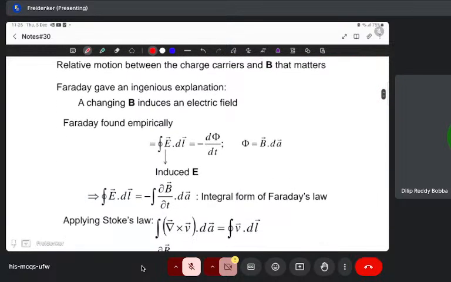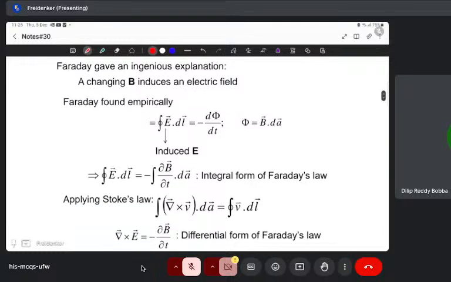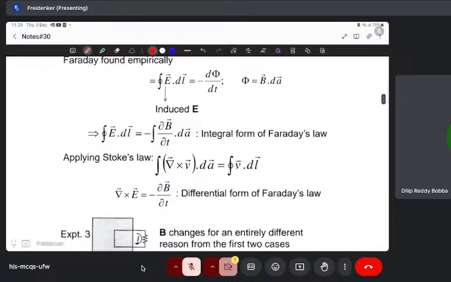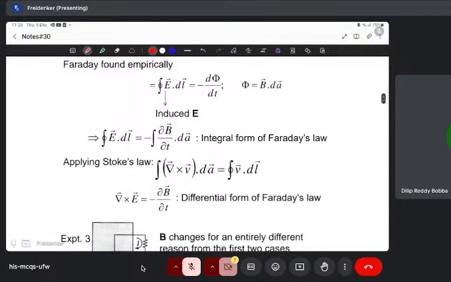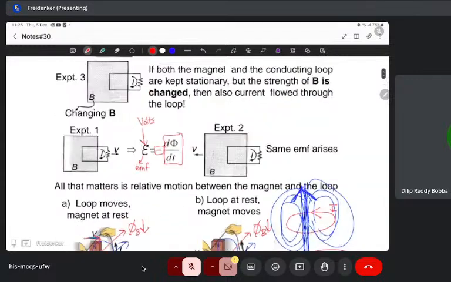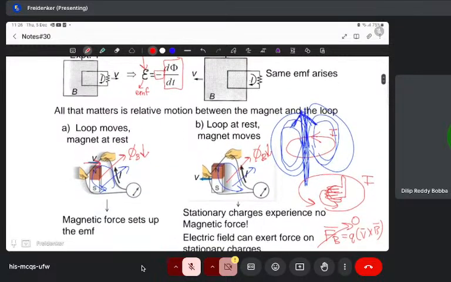Okay, we are going into the math now. They won't ask you derivation, so here what you have is the integral form: epsilon is nothing but integral of E dot dl, right? Do we have that? No, we don't.